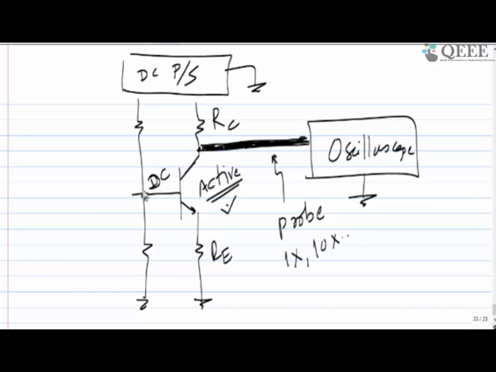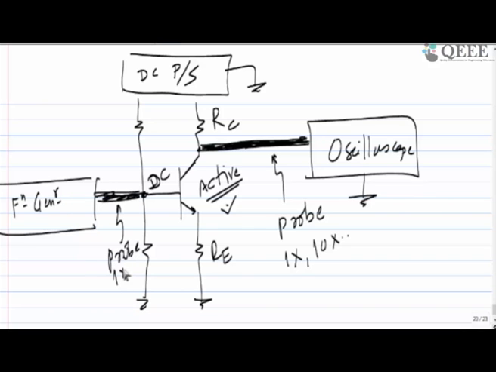So if I want to amplify, I need to connect some input, and that input is coming from a function generator, and this is also a probe. It may be 1x, 10x, it's up to you. And the chassis of the function generator is connected to ground.